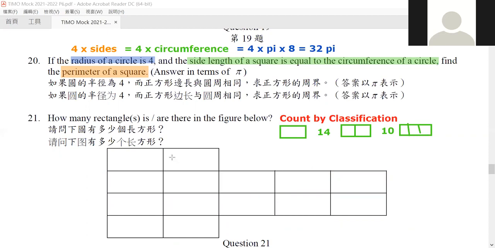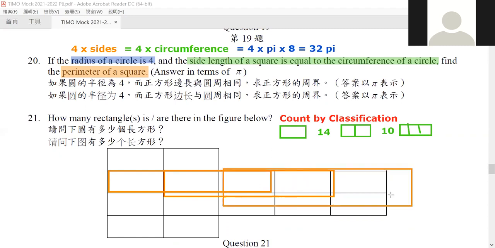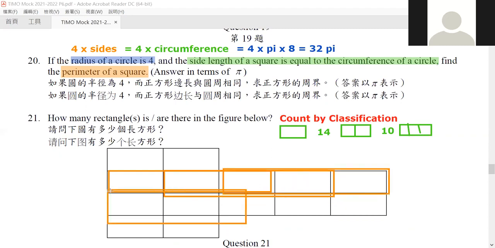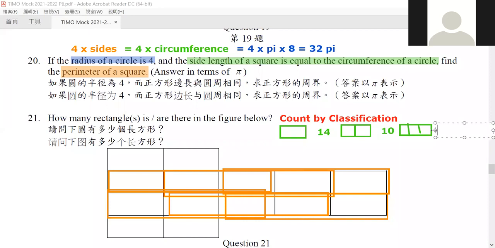So all we have is just this one, 1, 2, 3, and then 4, 5, 6. Okay, so there are 6 of them. Only 6 of them.